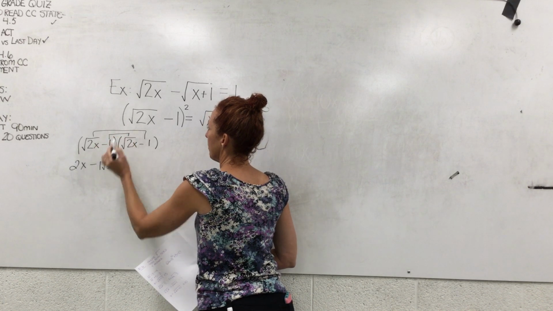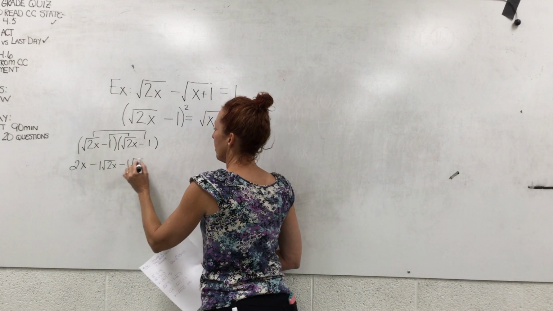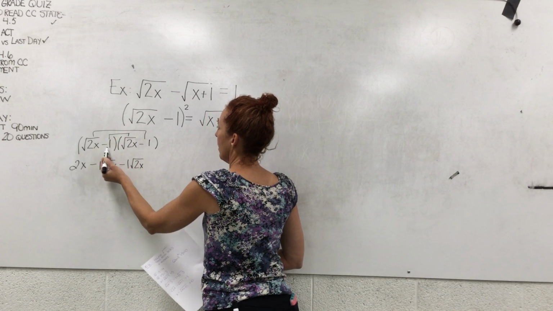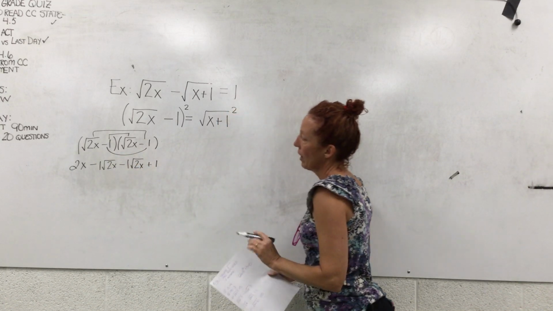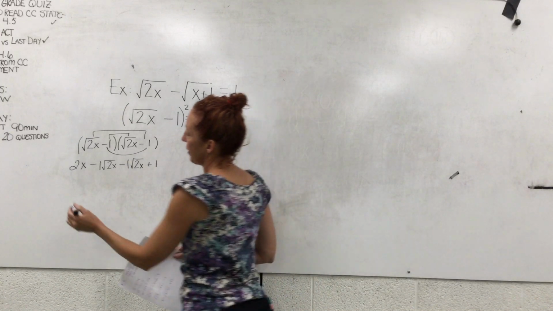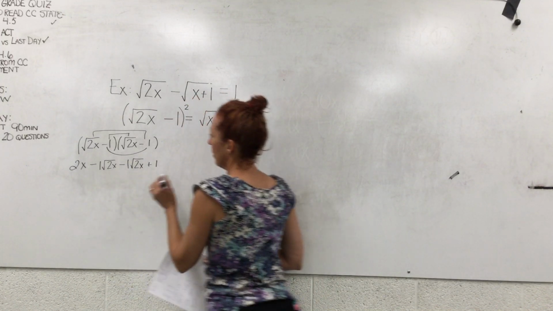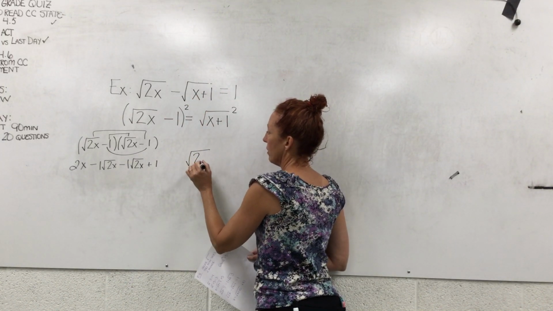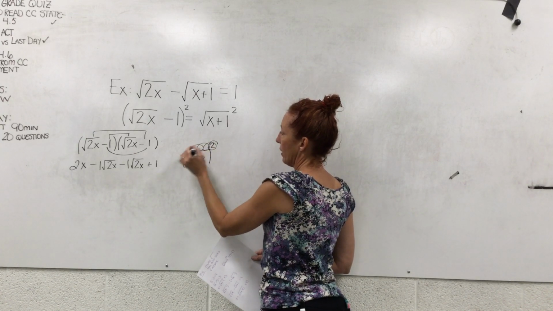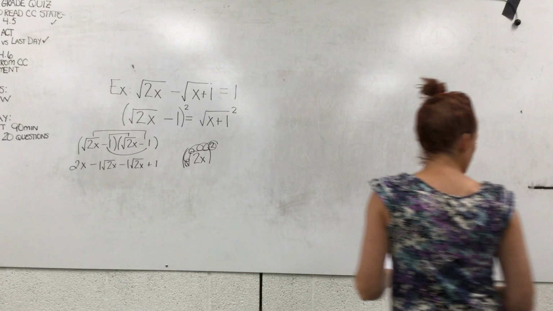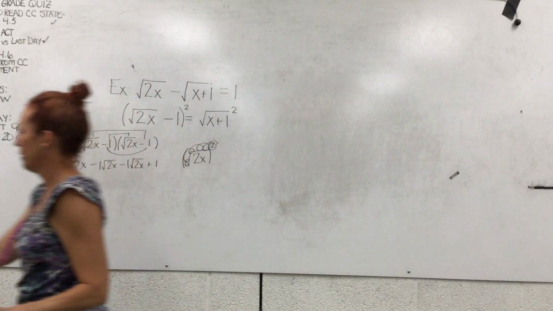The inside piece is minus 1 radical 2x. And the last piece here is going to be a plus 1. And maybe it was confusing to you how I got that. So if I multiply that by itself, it's squaring it. And so that's why it is just plain old 2x.